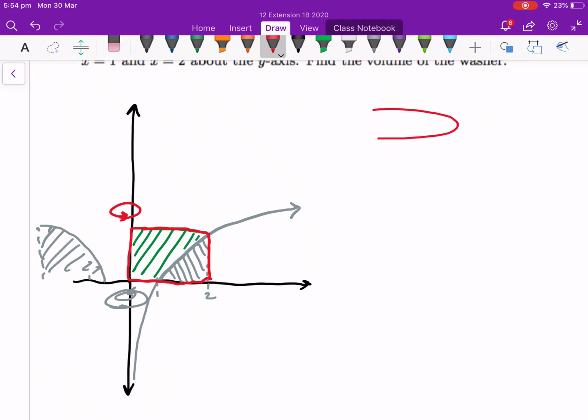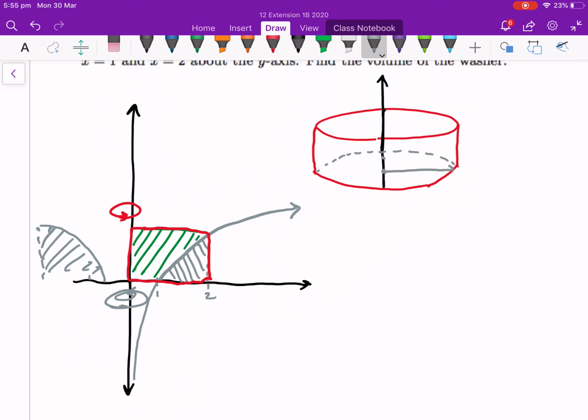It would be rotated around the y-axis, and it would look something like that. And then to put that into context of where that would fit on the graph, that's the y-axis right there. If we're to look at dimensions of this, there would be the centre, the radius would be 2, and then we'd have the height of it.